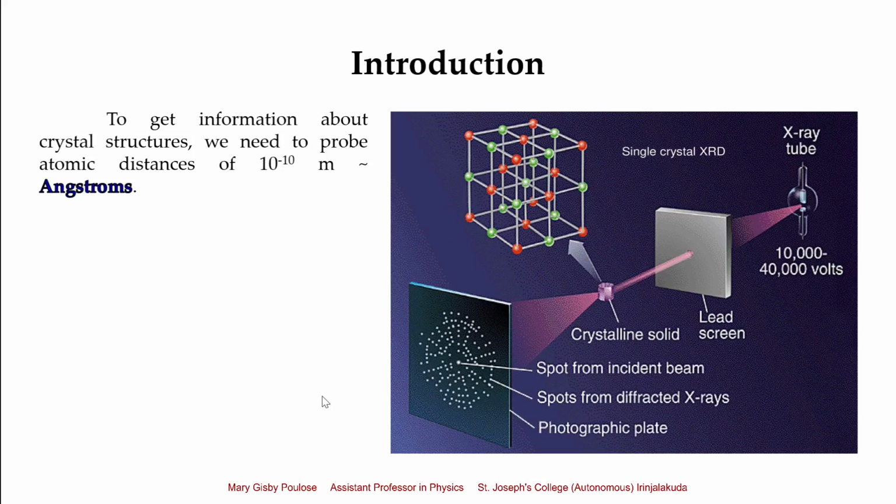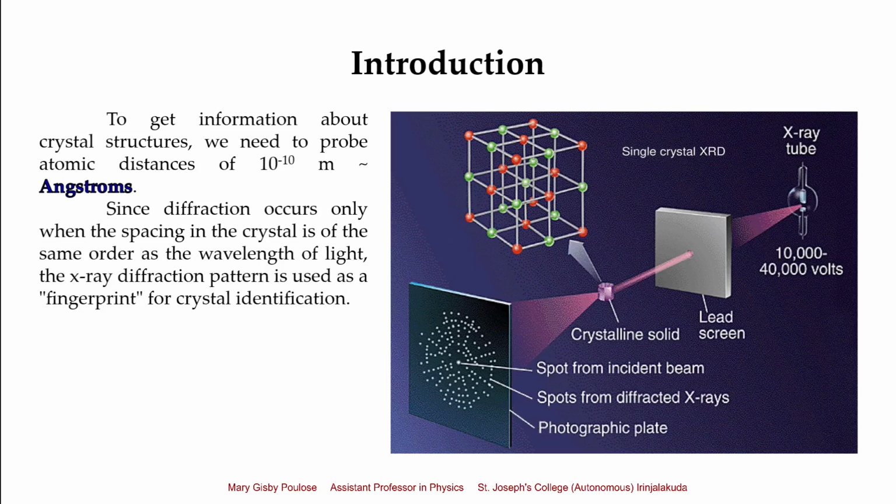Now, to get information about these crystal structures, we are looking into crystal structure of dimensions of angstroms, right? 10 raised to minus 10 meters. We have to study that. Diffraction occurs when the spacing of the crystal is of the same order as the wavelength of light.